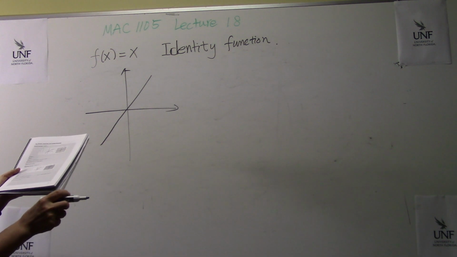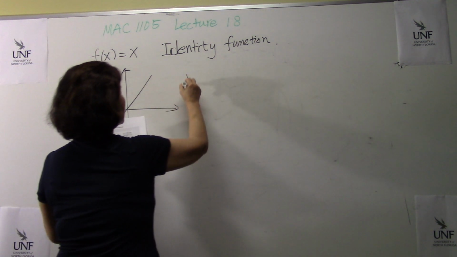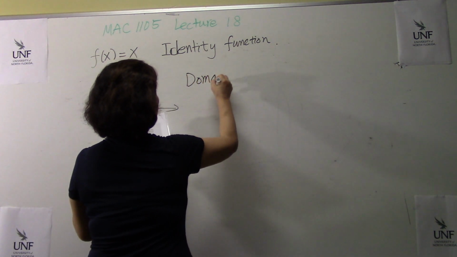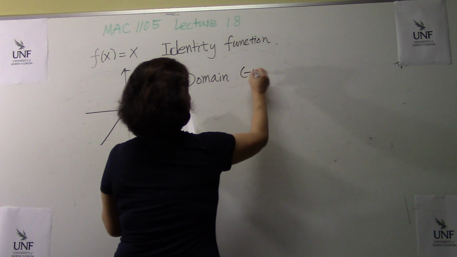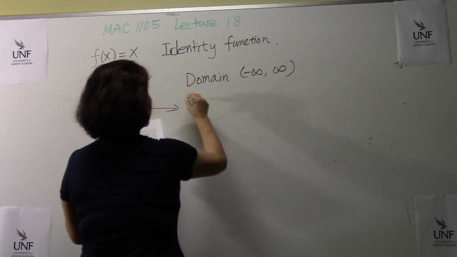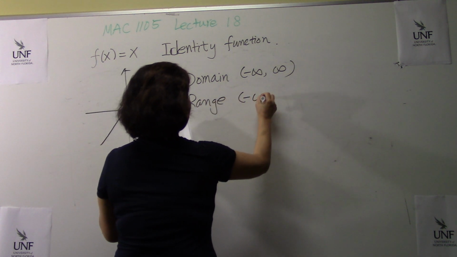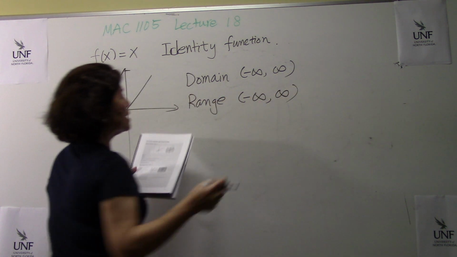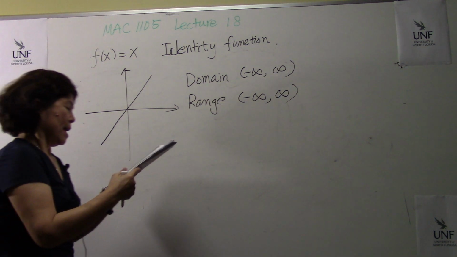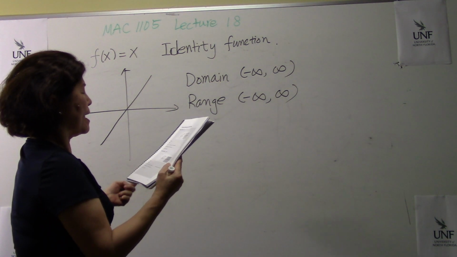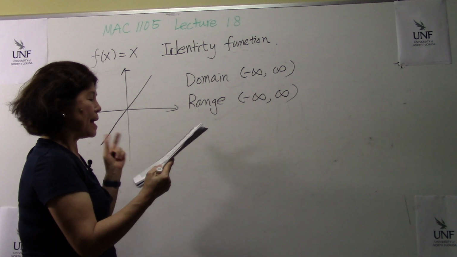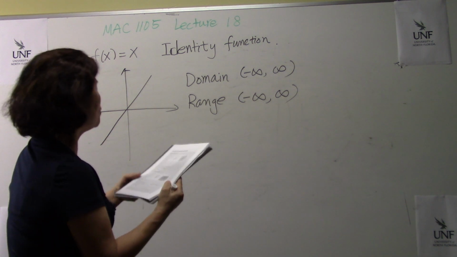As you see, the domain is from negative infinity to positive infinity, and the range also negative infinity to positive infinity. And f of x equals x is increasing on its entire domain.